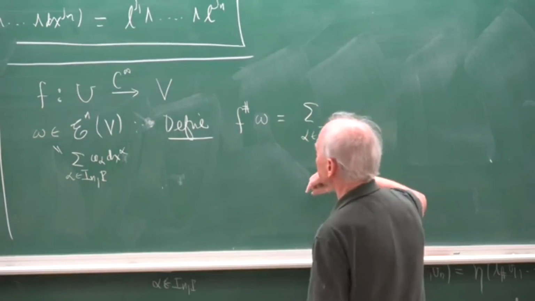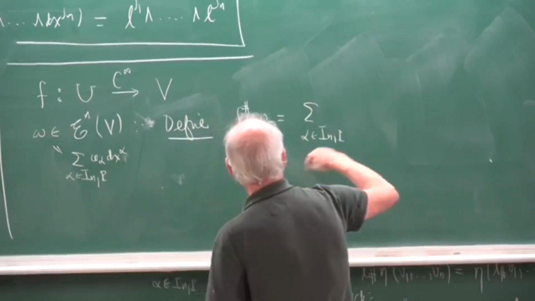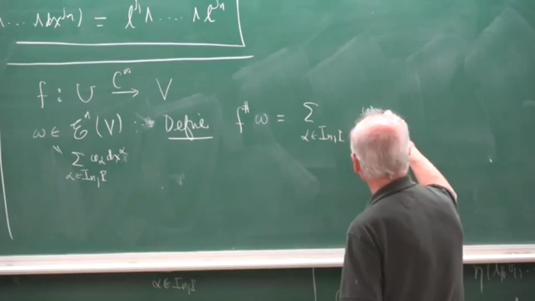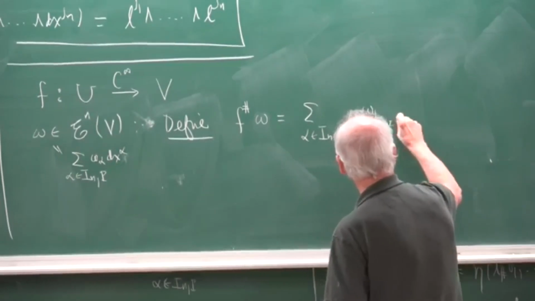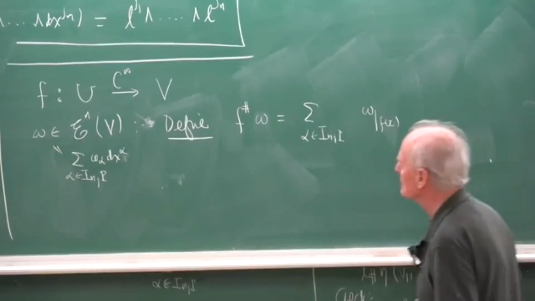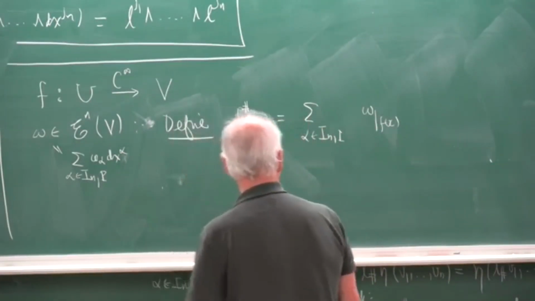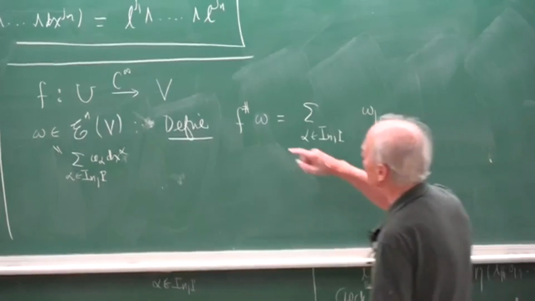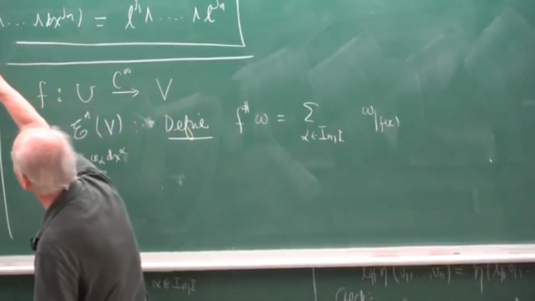And then I'm just going to use this definition. I'm going to take the form evaluated at f of x, that's the image point. That makes sense because omega is in E(V). And then I'm going to pull it back by the induced linear map.